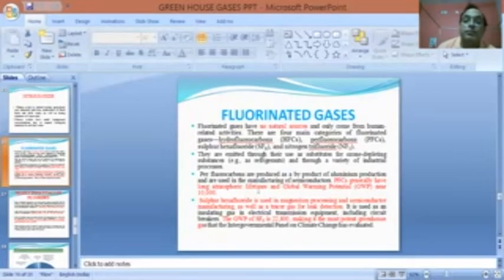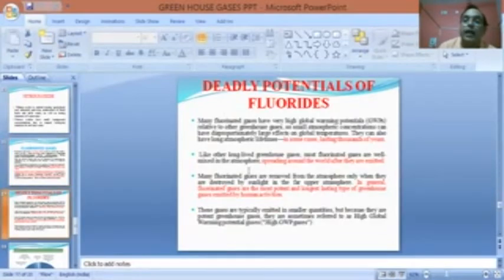And that's why these fluorinated gases are a cause of great concern as far as global warming is concerned, and we are trying to replace them. We are in dire need to search for their substitutes.